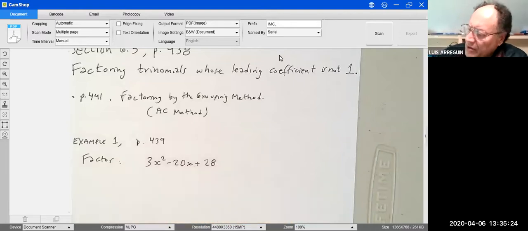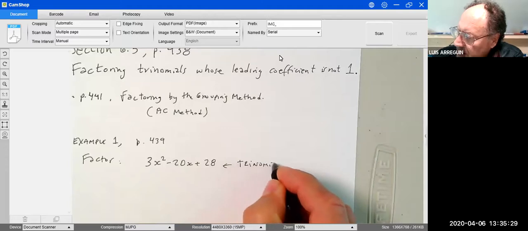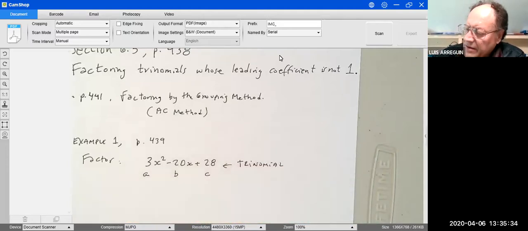So that's my trinomial. This is a trinomial because it has 3 terms. This is A, this is B, and this is C.